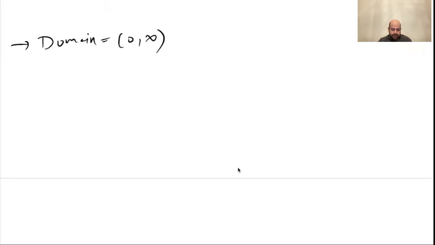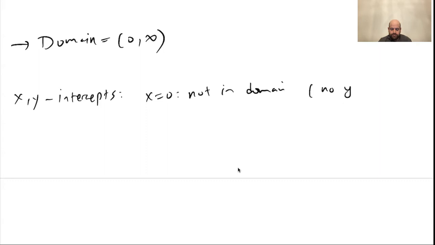Then we need to look at x and y intercepts. Well, for y-intercept, we need to set x equals 0. But x equals 0 is not in domain, so there is no y-intercept. Domain is open interval 0 to infinity. X equals 0 is not there, so we don't have any y-intercept.